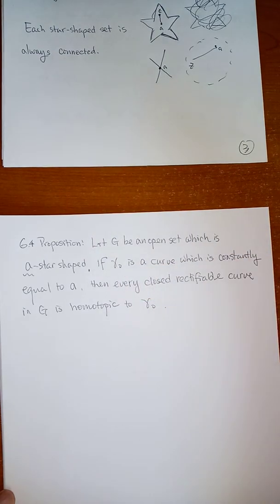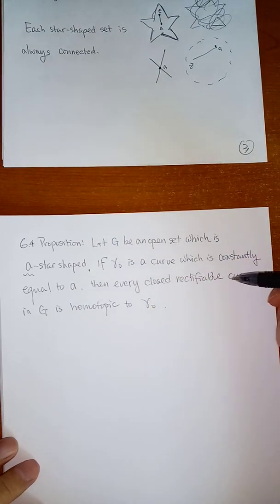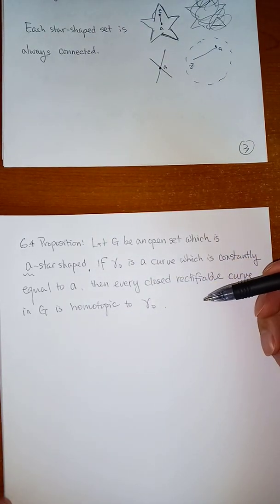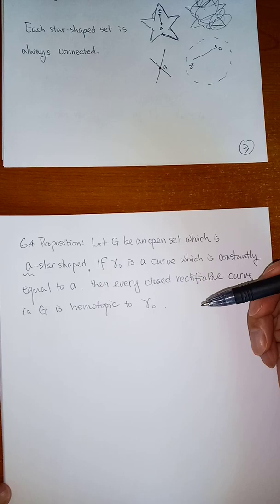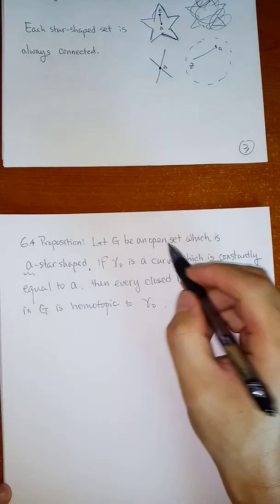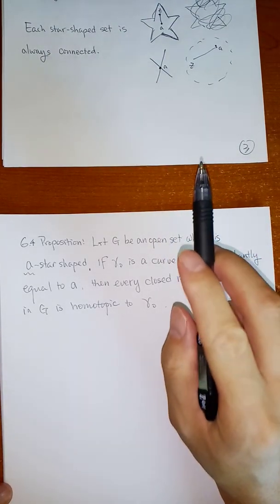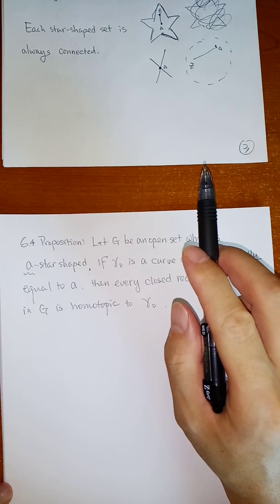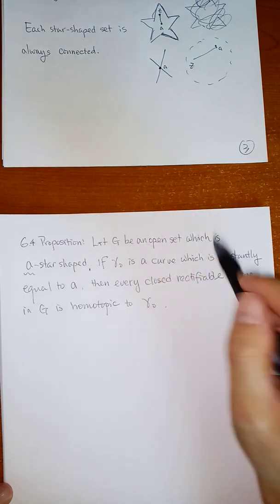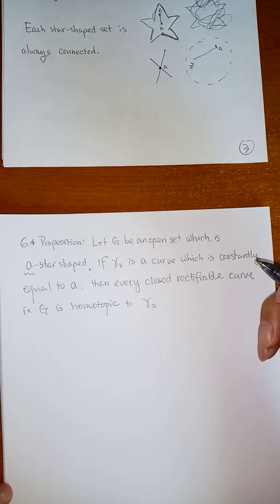Gamma 0 is a constant curve. Okay, so every closed rectifiable curve will be homotopic to a constant curve if it is star-shaped. By the way, we know that a convex set is a star-shaped set. Every point A inside the convex set can be the choice of A.